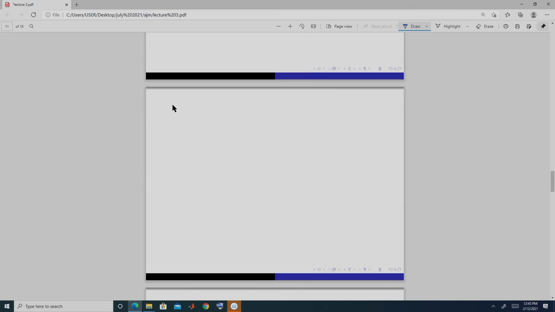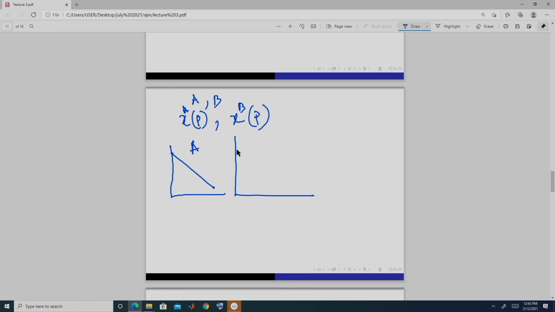Suppose we have two individuals, individual A and individual B. The demand function of individual A is some function of income and price, and similarly for person B. Now the market demand curve: at this price, only person A is demanding, B is not demanding anything.